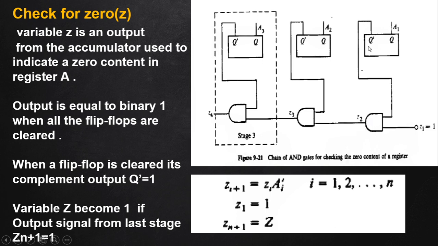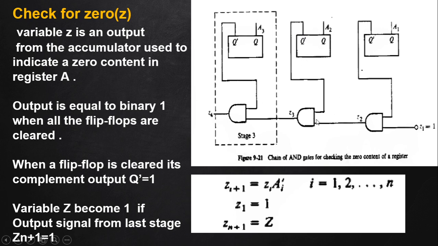If Q complement equals 1, it means the present state of this A1 position of our accumulator is currently holding value 0. That is why this Q complement becomes 1. That 1 is ANDed with this control variable value 1. So Z2 becomes 1. Okay, this Z2 gets ANDed with the Q complement of our A2 state. If A2 is again holding value 0, then this Q complement becomes 1.